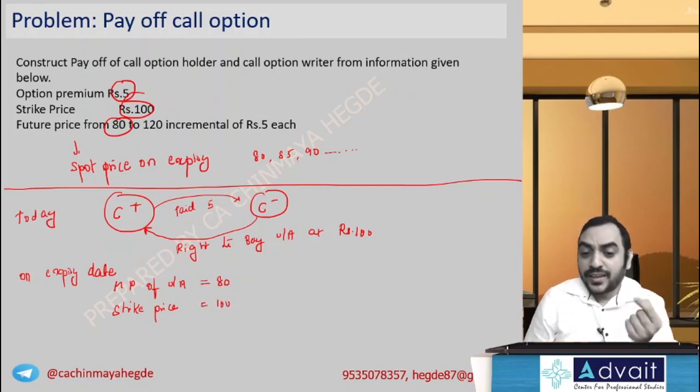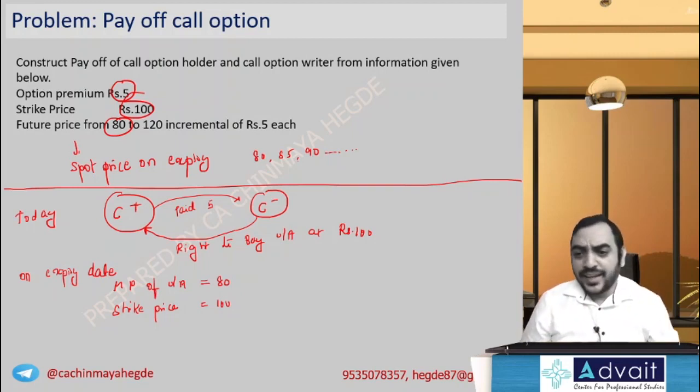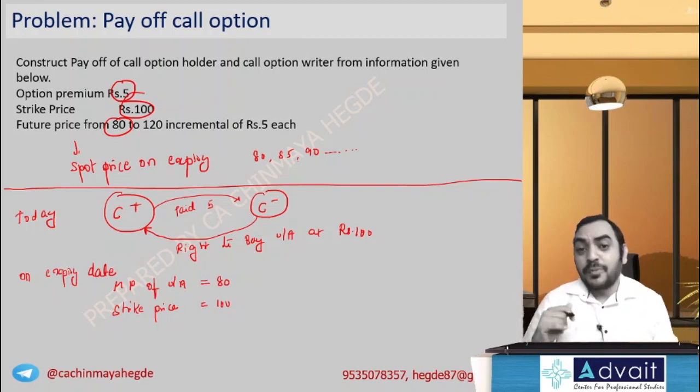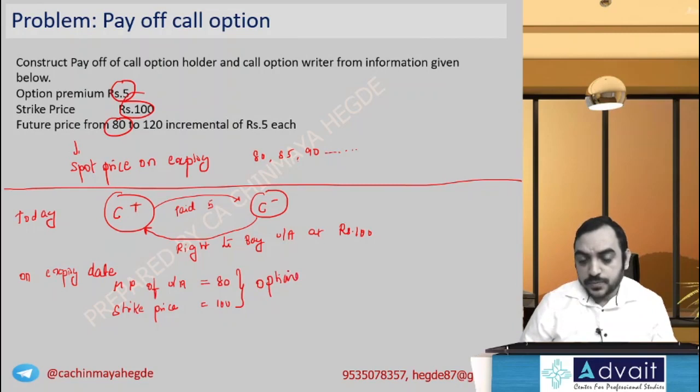So if you go to market, you can buy at 80. If you go to strike price, you can buy at 100. Obviously, at what price would you like to buy? Would you like to buy at 80 or at 100? Obviously, you would like to buy at 80. That means if you want to buy, you go to market and buy it, not through the options. So here, in the call option, options will be costlier to buy.